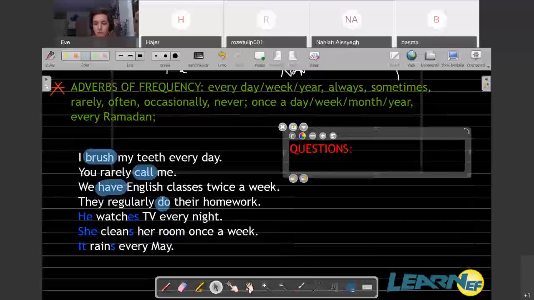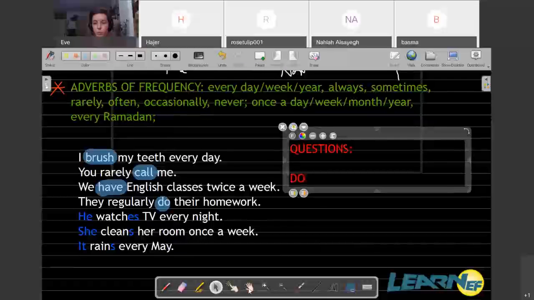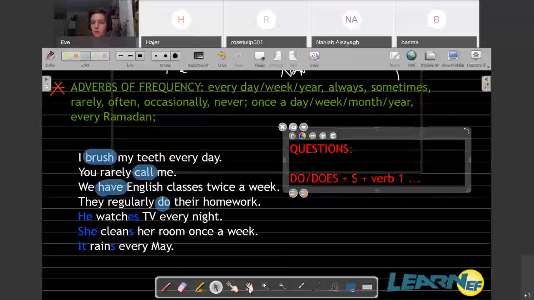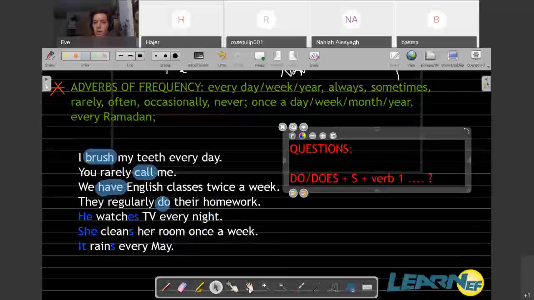So that means we use do or does. Does obviously for he, she, it, then the subject, then verb simple or verb one. I will call it verb one, it's easier. Okay, and then the rest of the sentence, and of course the question mark.